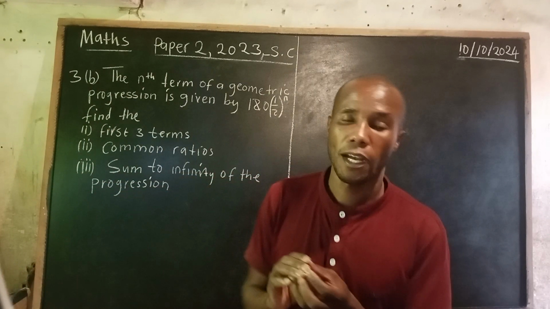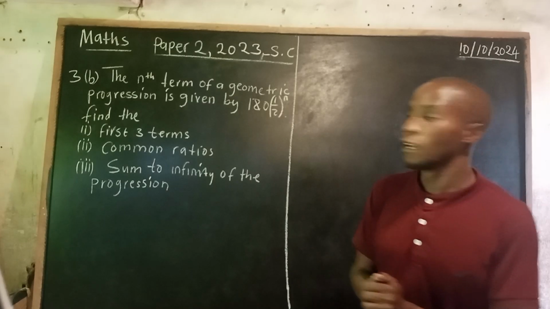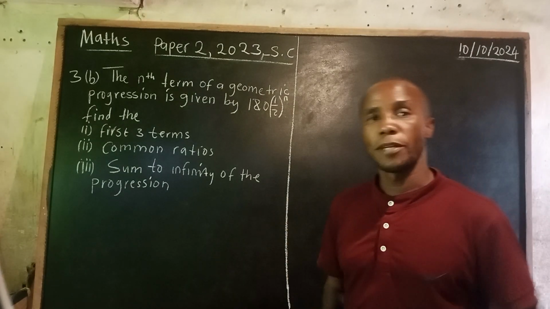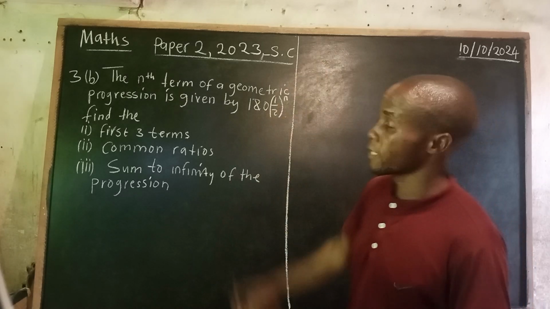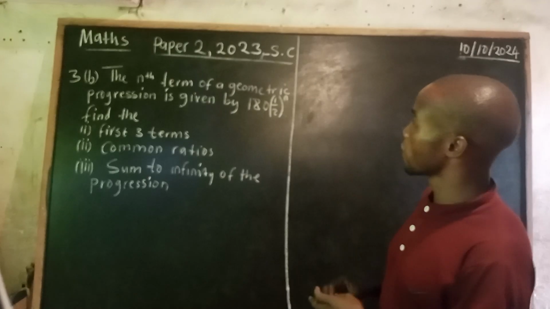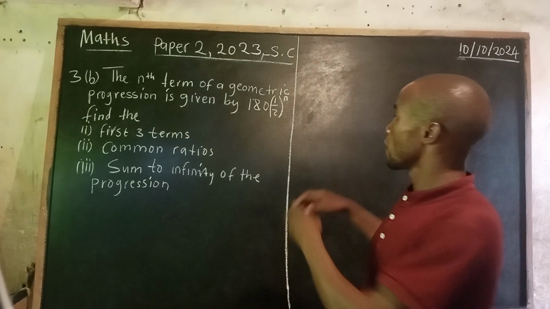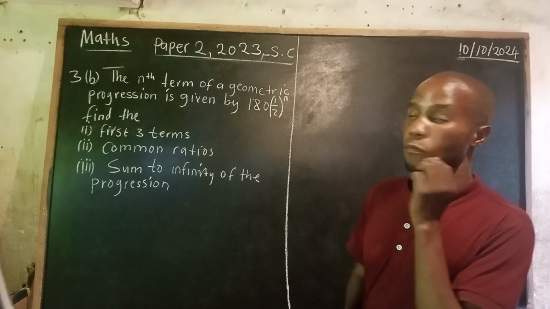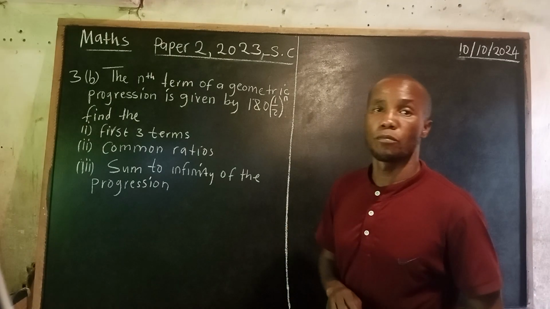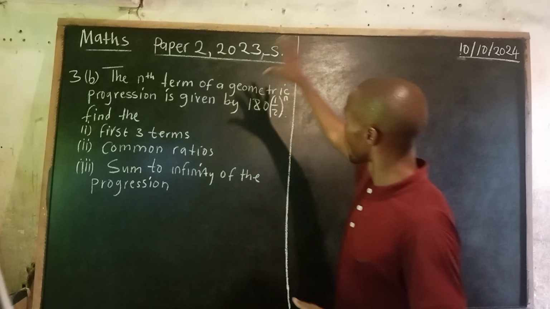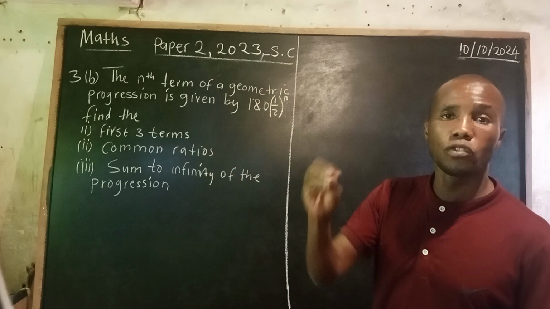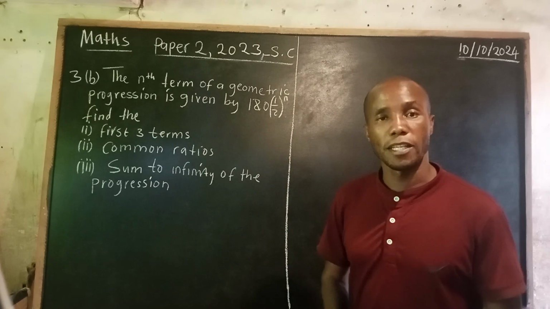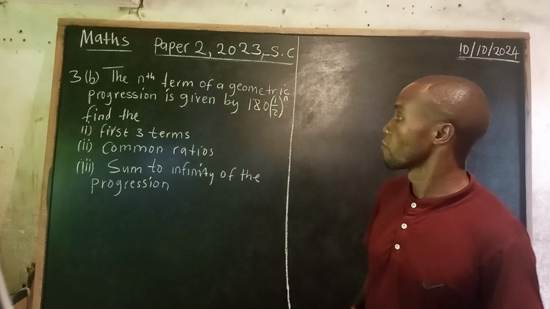Remember, I always emphasize that whenever you are given a question in an examination, first of all, you have to understand the topic the question is coming from. Once you know the topic, you are going to have an idea on how you can answer that particular question.